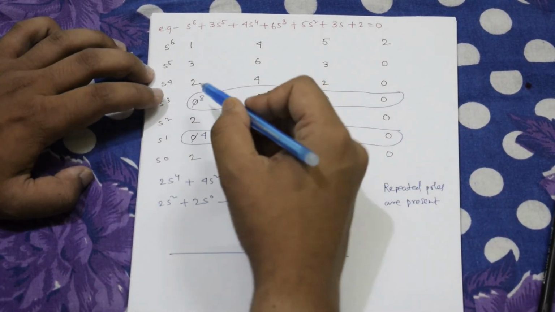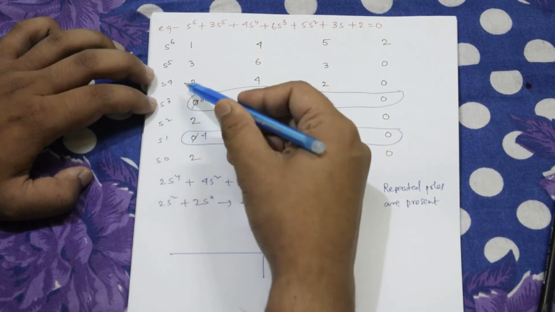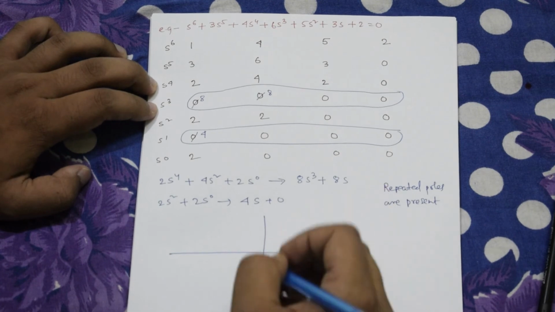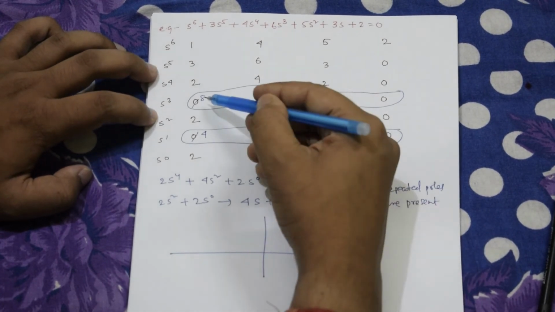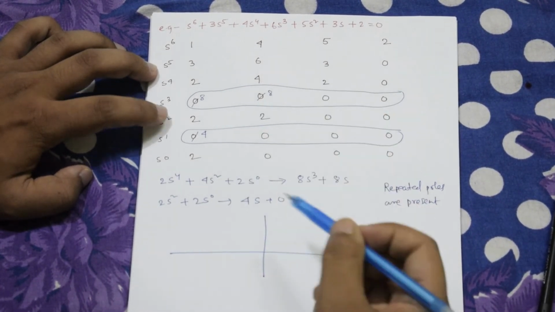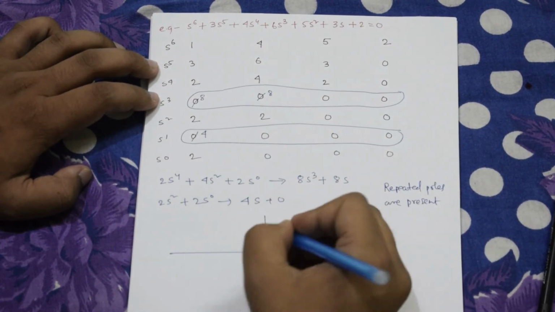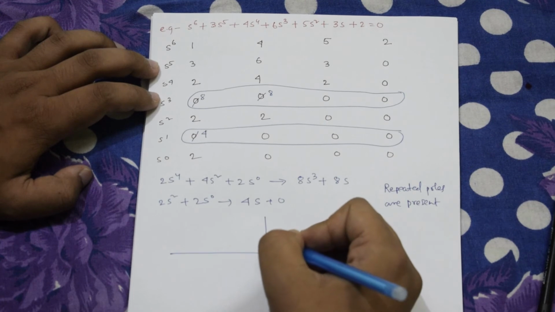The first row of 0 occurs at S power 3, means 4 symmetrical poles are there which are present in the imaginary axis, which you can say that there is no sign change after the row of 0. So all of the poles are in the imaginary axis and they are repeated.